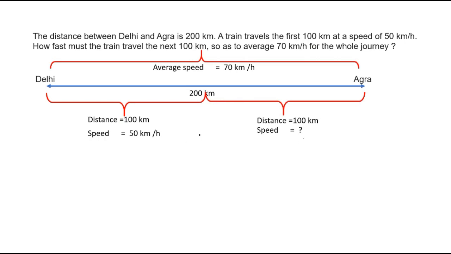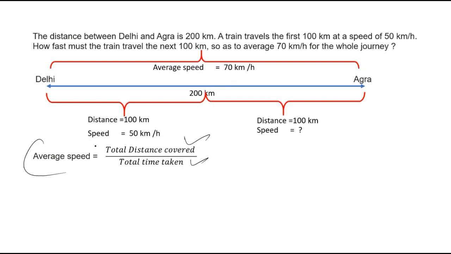It's a slight change of the same problem which we have already discussed, problem number 2, right? In the previous problem the speeds were given and we had to find the average speed. Now the average speed is given, and we should find the speed. We already know that the average speed formula is total distance covered divided by total time taken, right? The total distance covered is given already, and the average speed is also given.